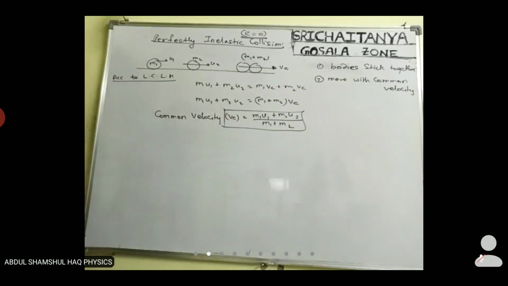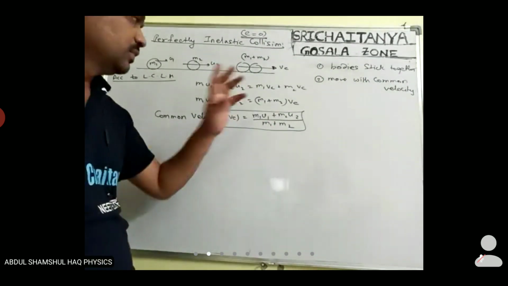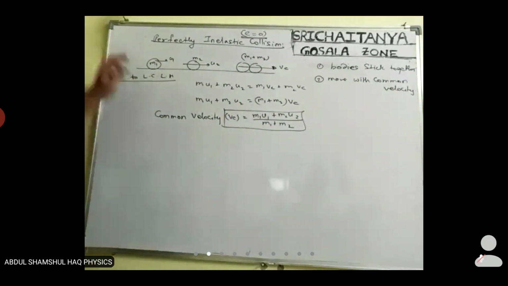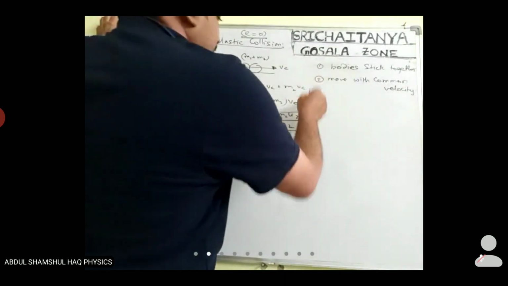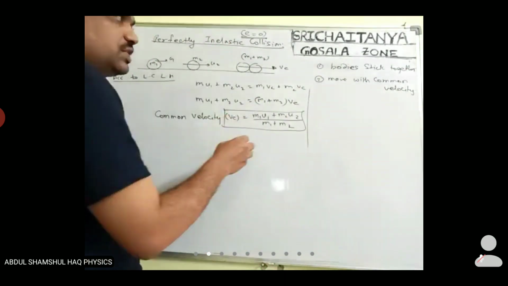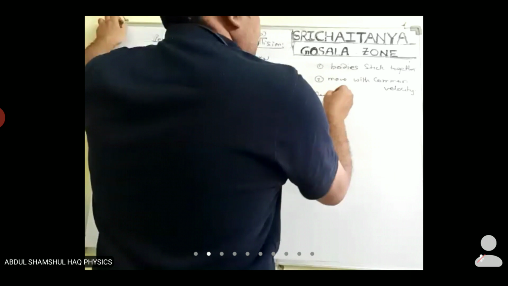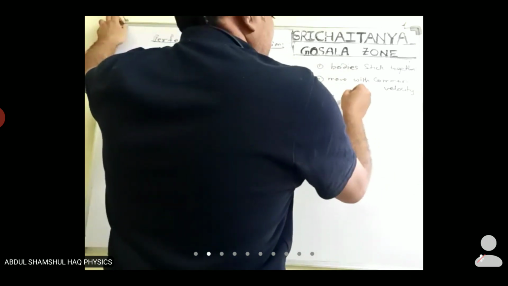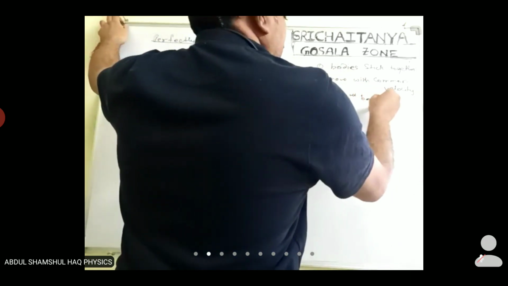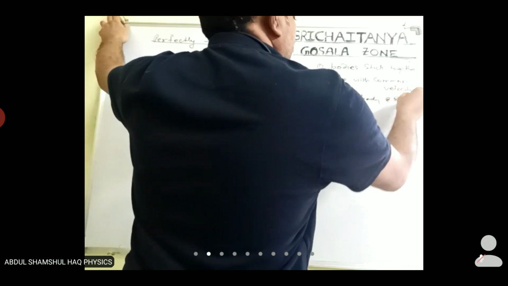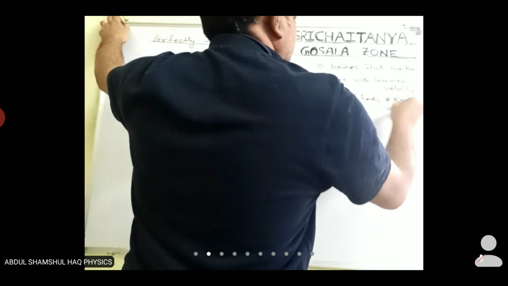So the common velocity will be like this. Now, students, case 1: if the second body is at rest, that means U2 is equal to 0.